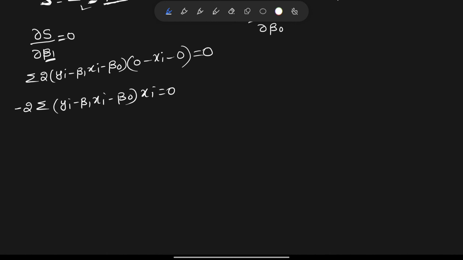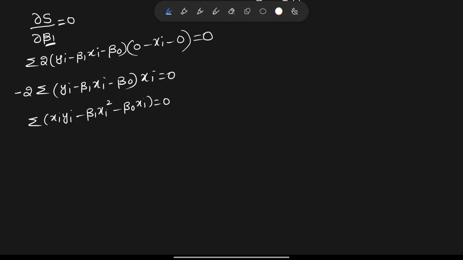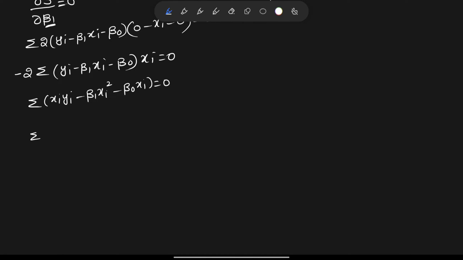By dividing minus 2 on both sides, and by multiplying xi with all the remaining terms, and by expanding these terms we will get this. Consider this as equation 1.